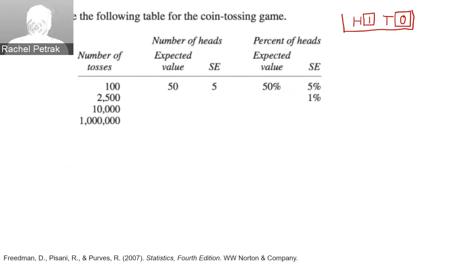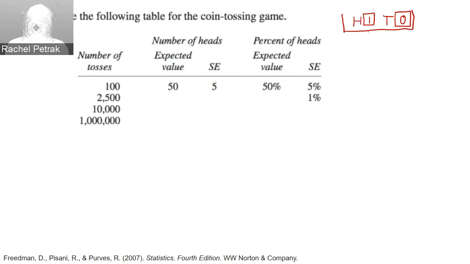We haven't been told specific numbers for larger tosses, so yes, in each toss, we have a 50% chance of getting a 1 or a 0.